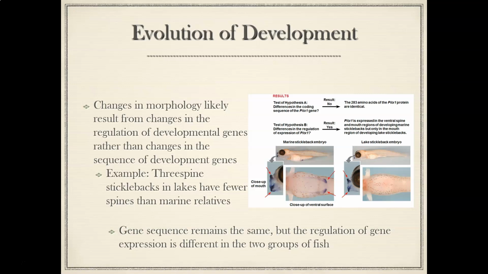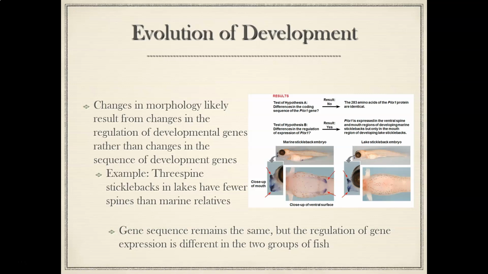So we'll talk about genetic switches that are actually upstream of the gene itself that can then alter when that gene gets turned on, when it gets turned off, how long is it on, how long does it stay off, when does it get turned on and off. All of those things will have a huge role in the early development of organisms, where things are located, how many limbs do they have, things like that.